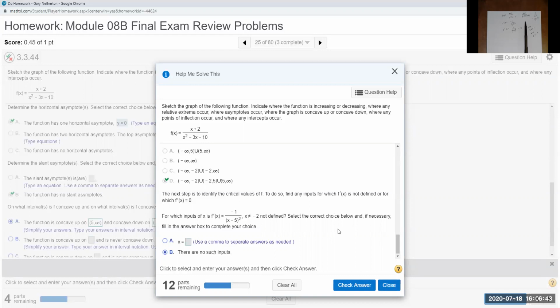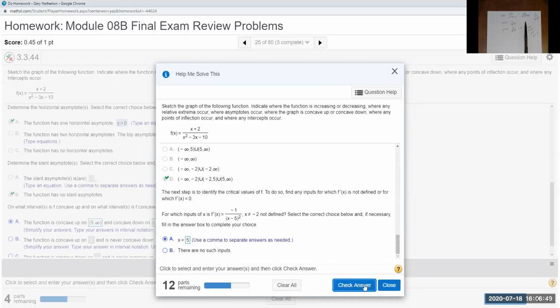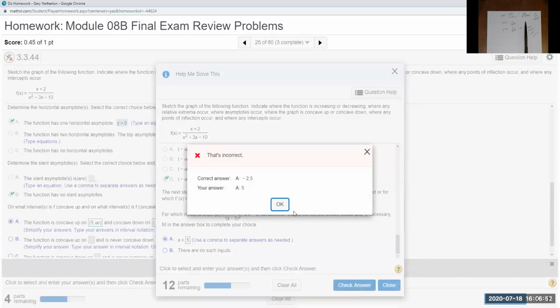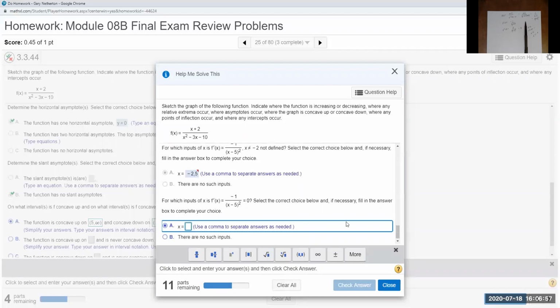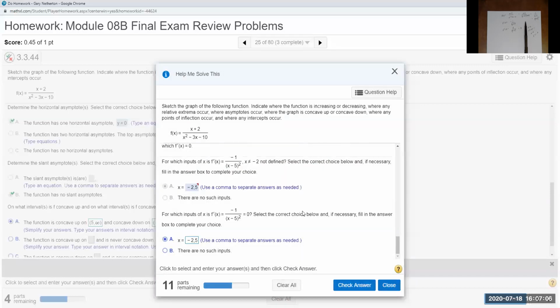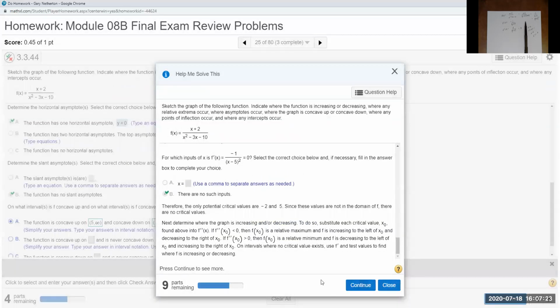Oh, where is it not defined? It's not defined for x equals 5. That's a critical value, okay. Oh, -2 and 5, okay. Oh, where is it 0? There are none. Right, so there are no critical values, which I said.